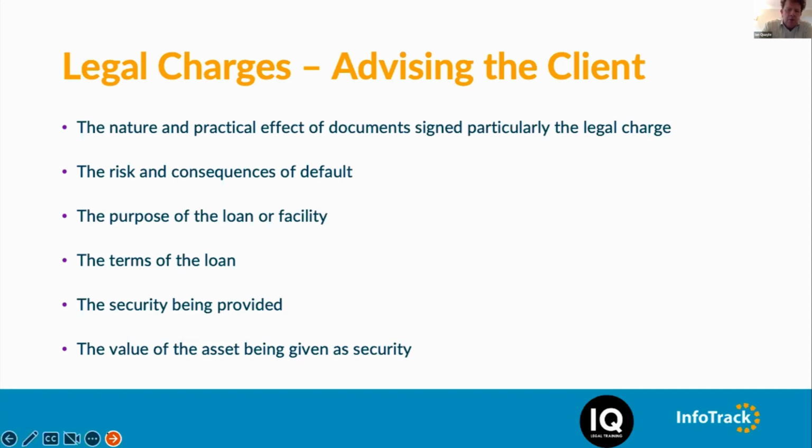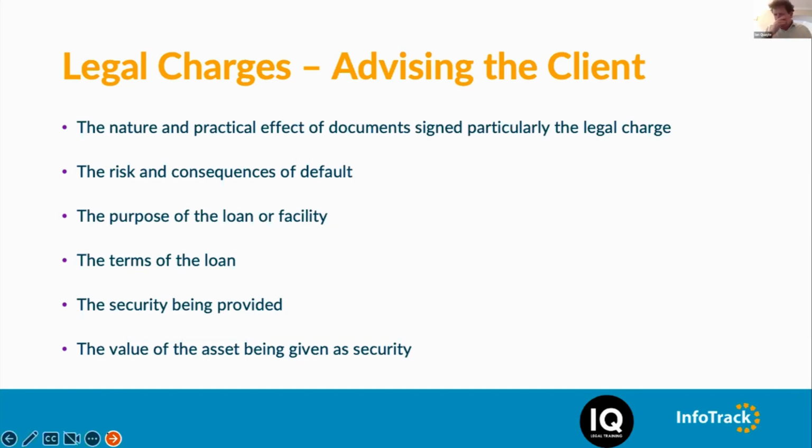And I think this is important. In what I would class as a standard institutional lending situation, it isn't necessary for you to explore the deal, and it's certainly completely out with your retainer to give any advice concerning the product that's being offered. But let's assume that the client is being charged an exorbitant and ridiculous interest rate.